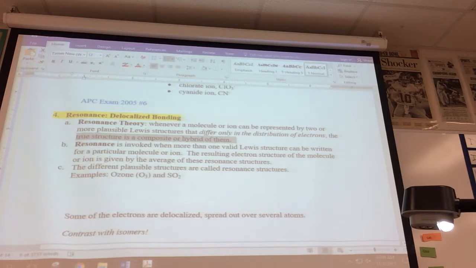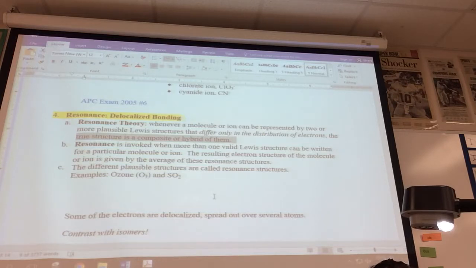You're going to use resonance when more than one valid Lewis structure can be drawn, and you'll see that the resulting structure is actually an average of the resonance structures. Let me illustrate with a few examples.